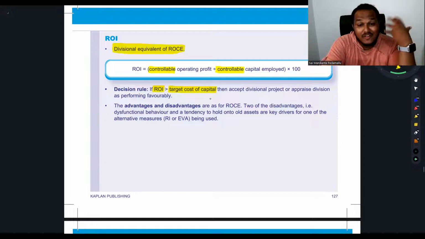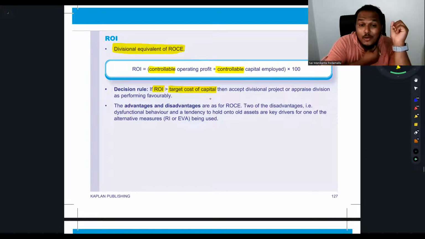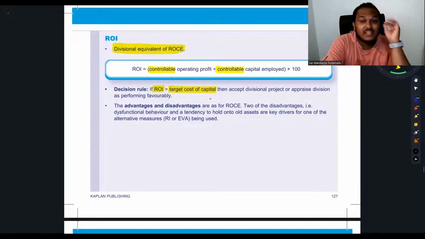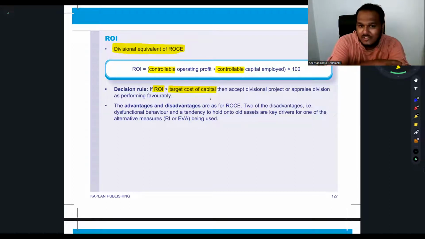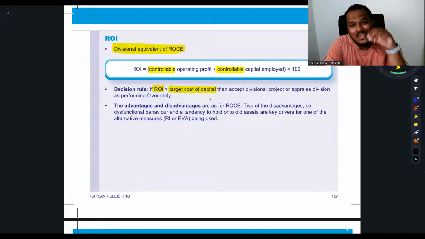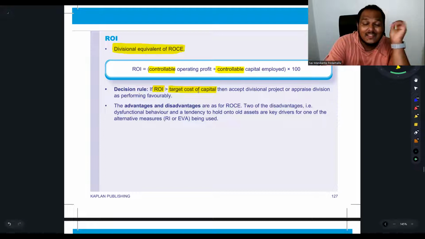But apart from that, financially speaking, listen to me very carefully, if I use my expected return for discounting in NPV, you discount the future cash flows to present value. While discounting, if I use my expected return, and if the NPV is equal to 0, that means the project is giving me exactly what I expected out of it. In that case, I'll have to accept the project.